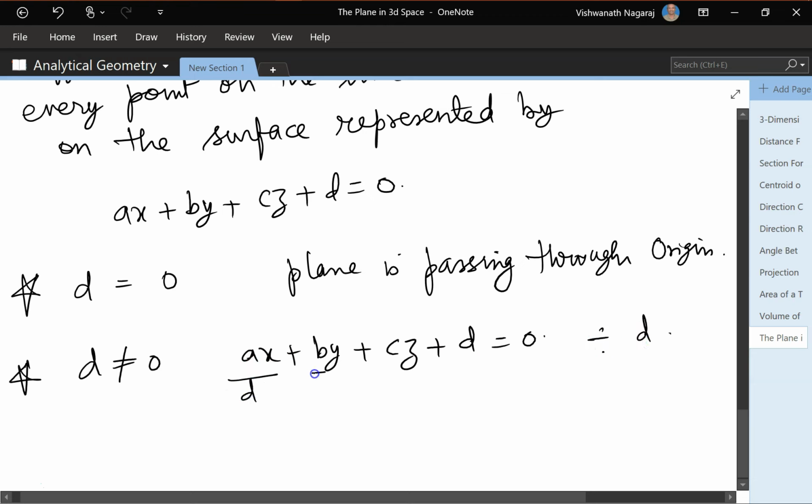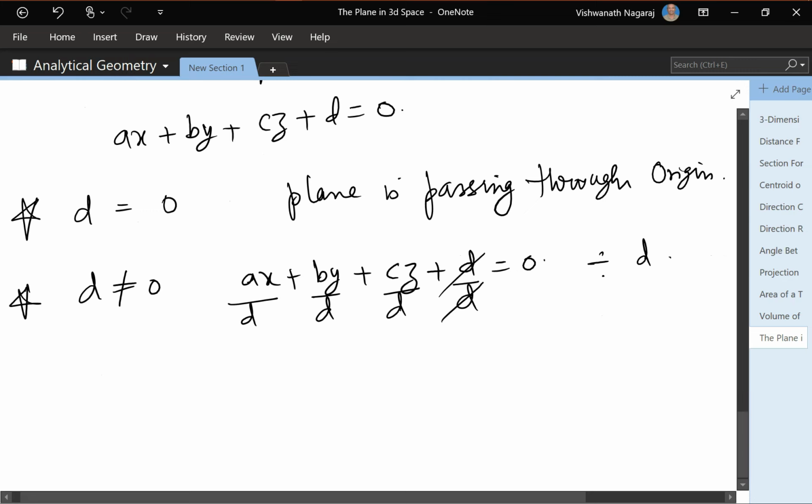These two get cancelled, and if you notice, a divided by d, b divided by d, c divided by d are nothing but constants.